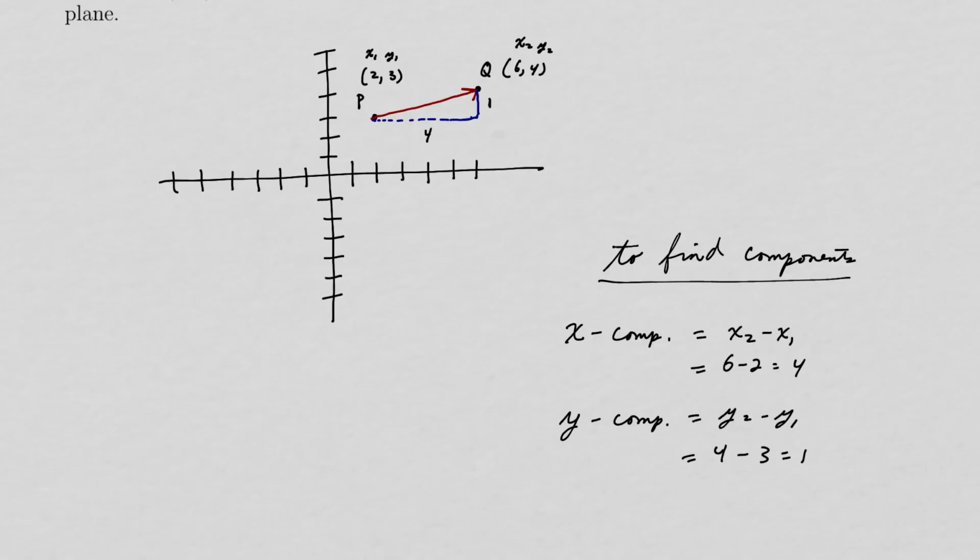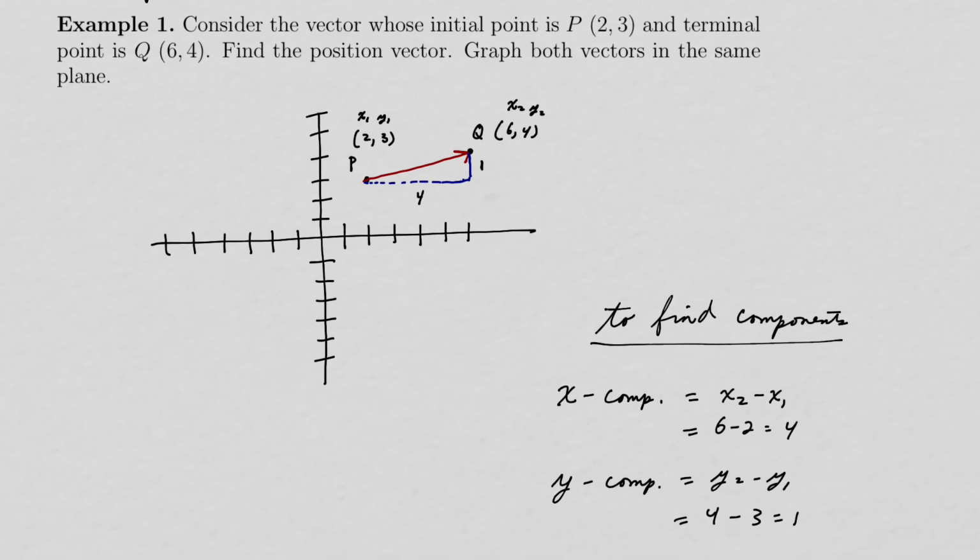All right. What's special about a position vector? Because it says draw the position vector. So the position vector starts at the origin. I'll write that here. A position vector starts at the origin, right? So basically at 0, 0.